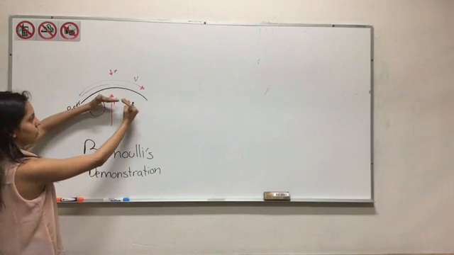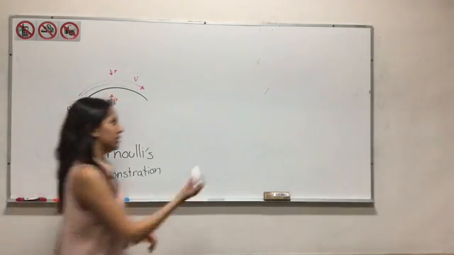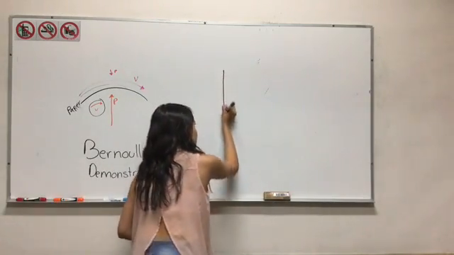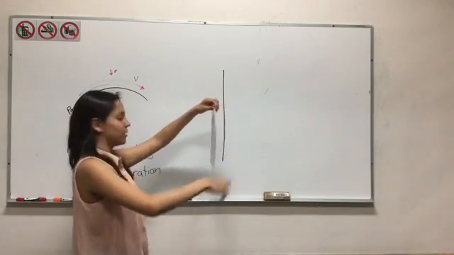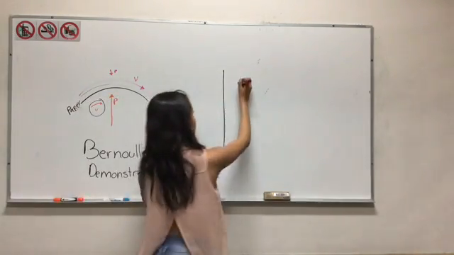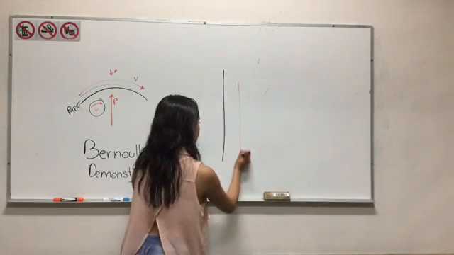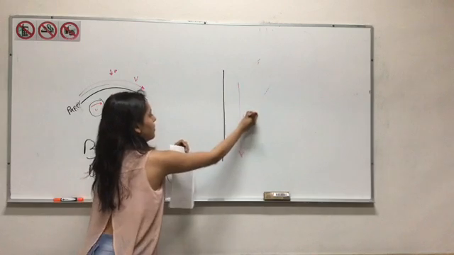This is only valid if the paper is horizontal, but let's put it in this way, with a paper that is straight, the velocity on this side is bigger than on this side. So does it really matter?